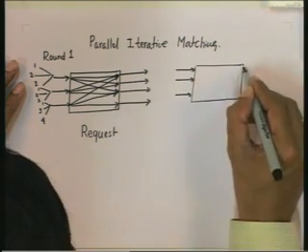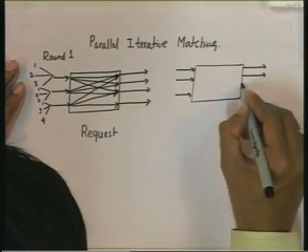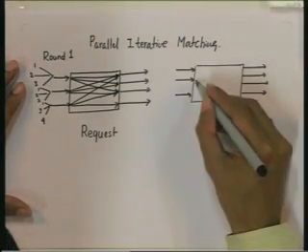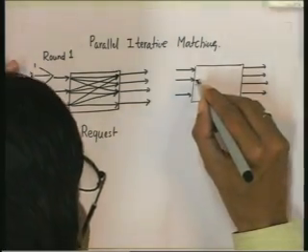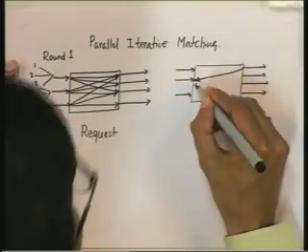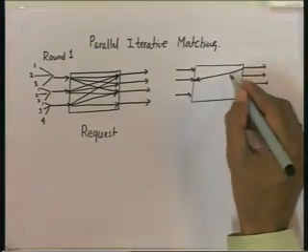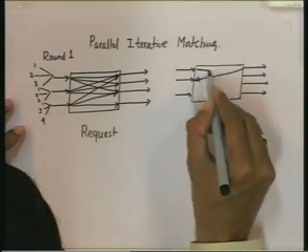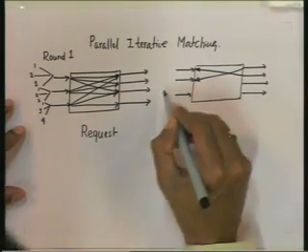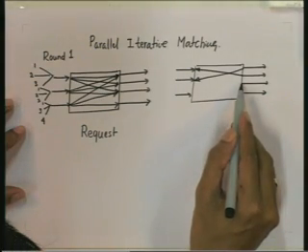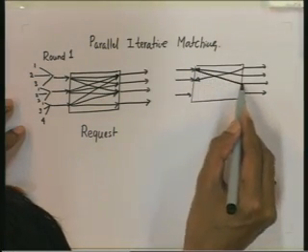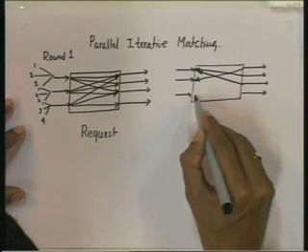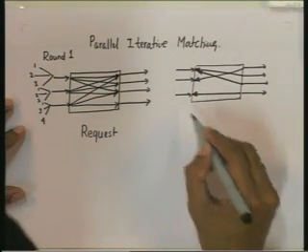Let us say that output port 1 selects this second input port, so it gives it a grant. It randomly selects one of the 3. Then output port 2 gives a grant to input port 1, and output port 3 also, let us say, gives a grant to input port 1, and of course, this one gives a grant to output port.